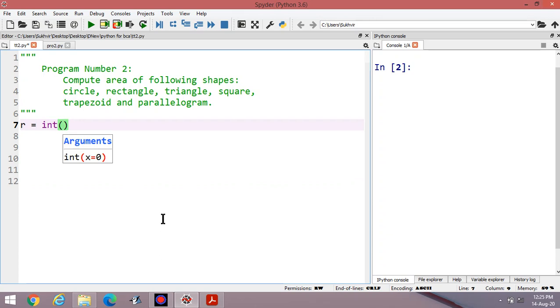Now r stands for radius. For input, here you can write enter radius of the circle.